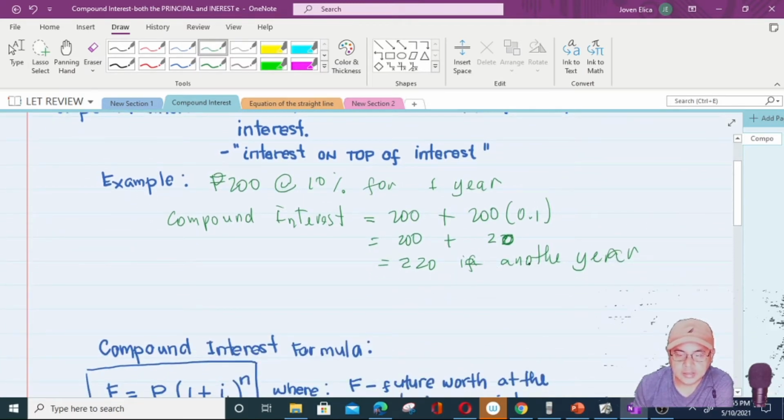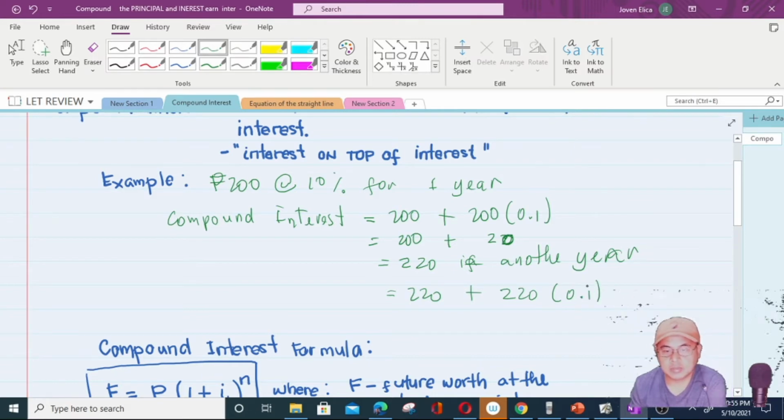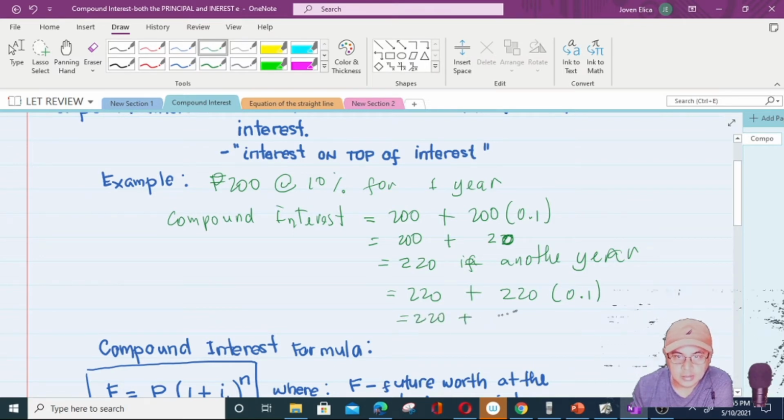So for another year, it will become 220 plus 220 multiplied by 0.1. And this will become 220 plus 220 times 0.1 is 22. So this will become 242. So these are the example of compound interest.